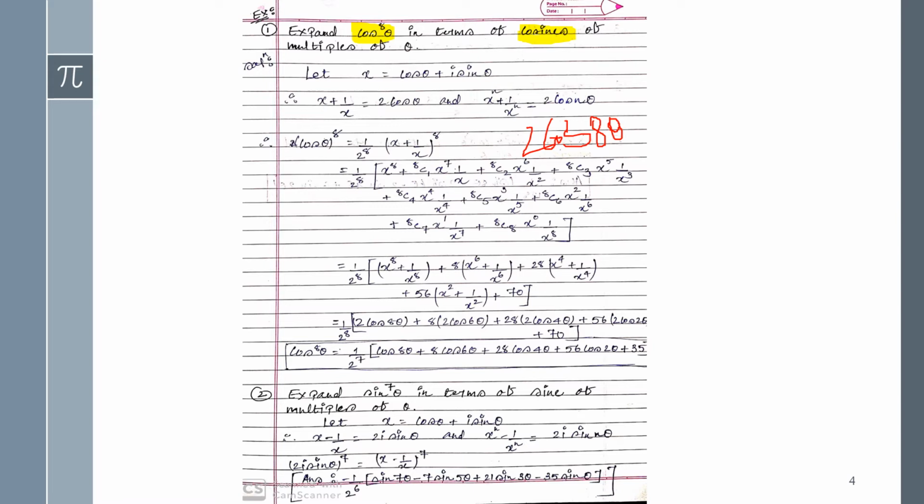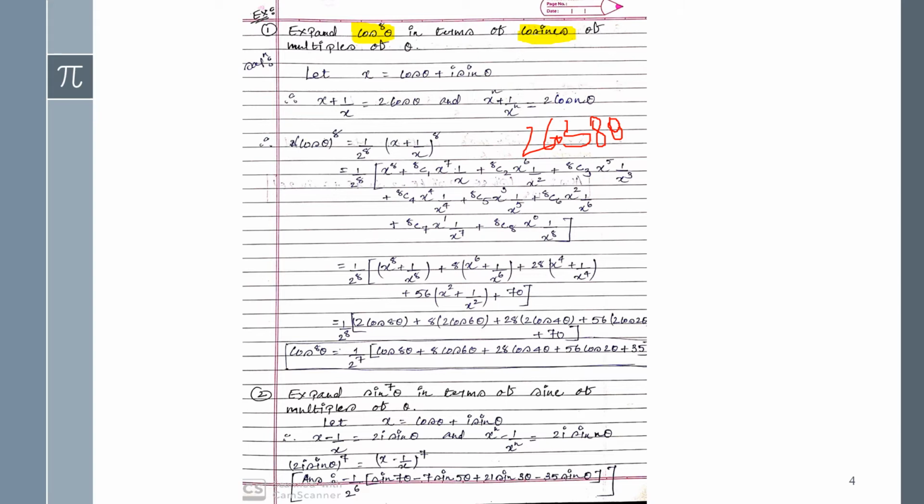Okay guys, now this x plus 1 upon x is nothing but 2 cos theta, whole raised to the same power, that is, I am applying 8 on both sides, right? So this will be cos theta whole raised to 8 power, putting the 2 downstairs, so it will be 1 upon 2 raised to 8, and applying the value of cos theta.